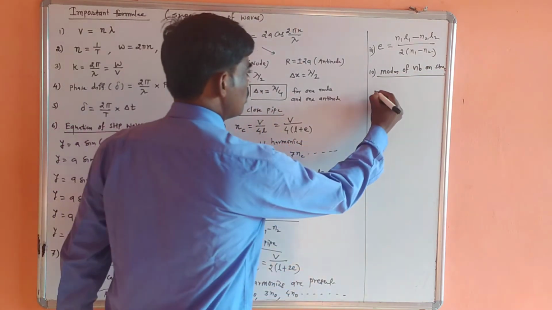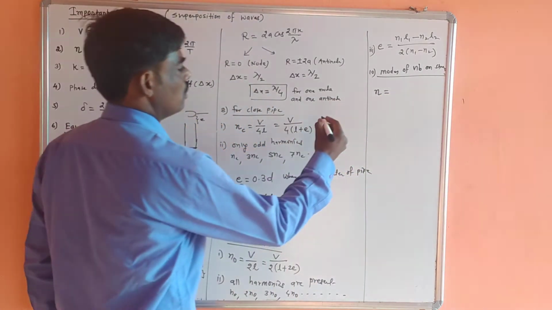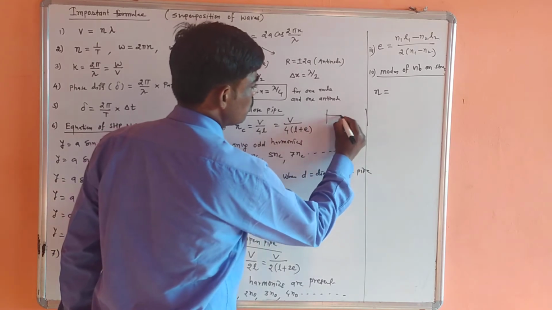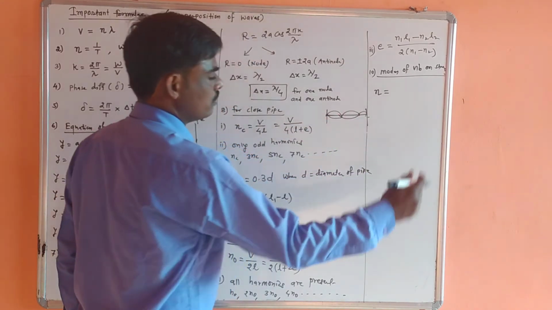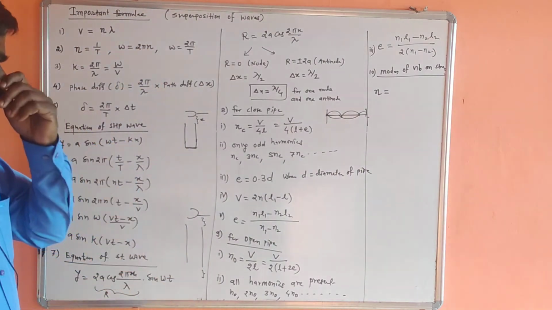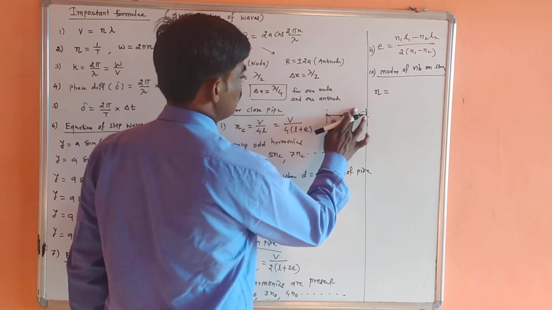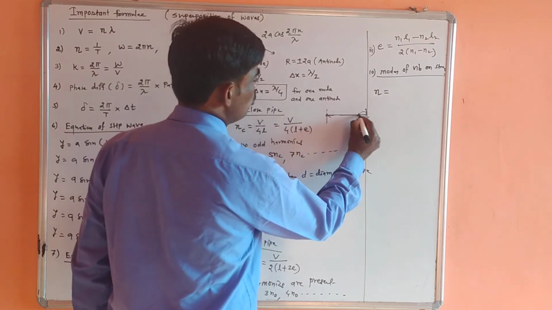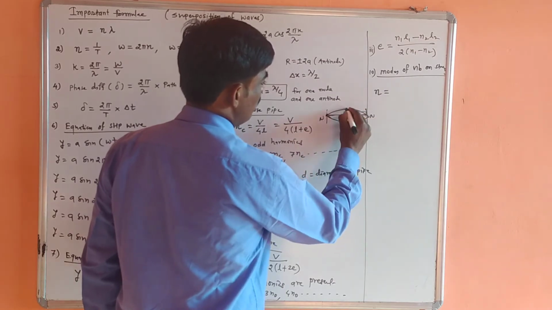So the frequency of vibration of that string, which is tied in between two rigid supports in this way, and here stationary waves are formed having different loops. So the fundamental frequency, that means first mode of vibration. In first mode of vibration, only one loop is formed here: 2 nodes and 1 antinode.